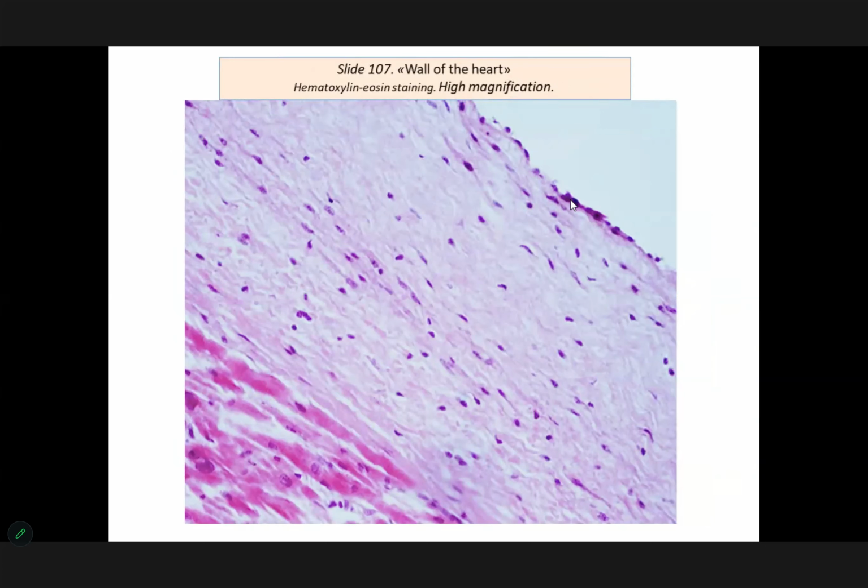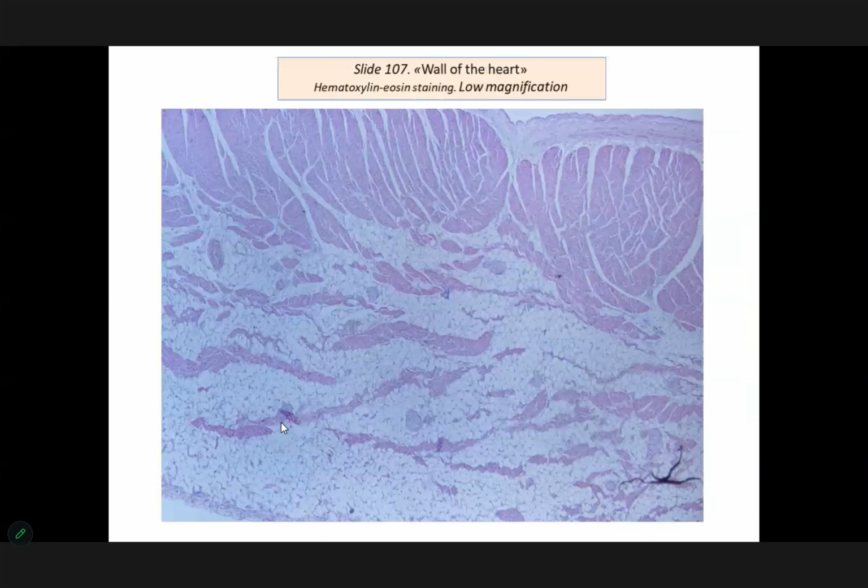Endocardium includes endothelium, subendothelial layer. Here should be the muscular elastic layer with elongated cell nuclei of smooth muscle cells, and outer connective tissue layer. And here the myocardium starts.